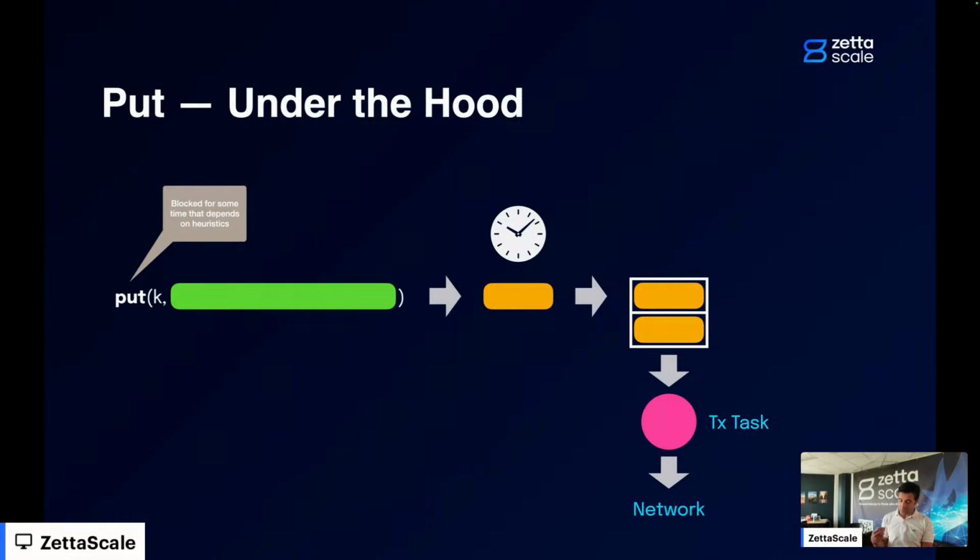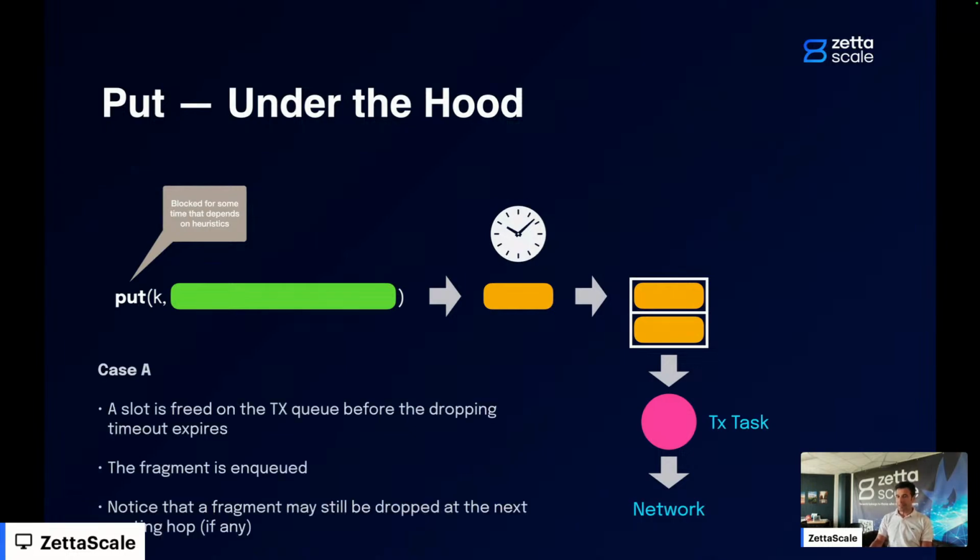So in this case, when you're using the default congestion control that is drop, we have a heuristic. We look at how long we wait to enqueue this batch. In the first case, if a slot is freed in the transmission queue before the timeout expires, then we enqueue the fragment, okay?